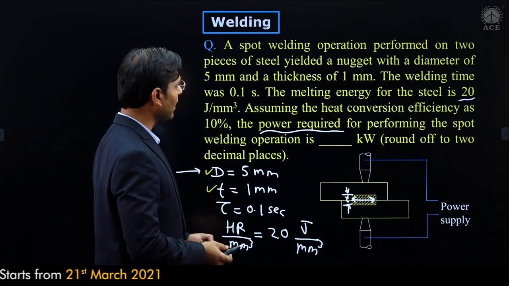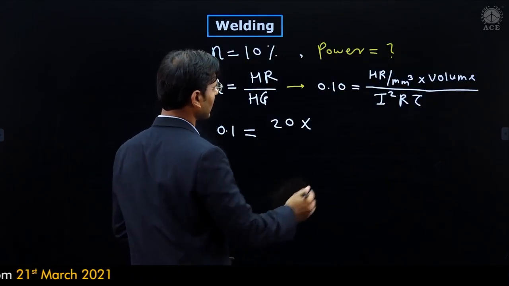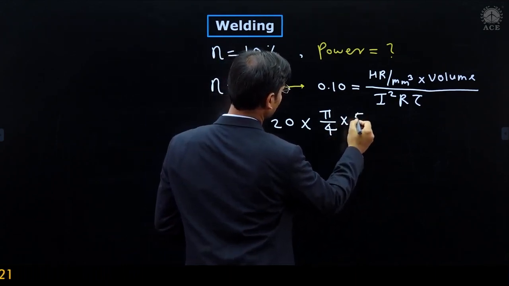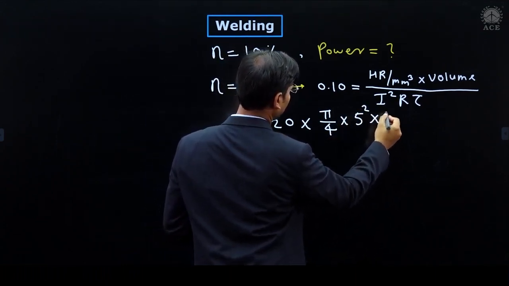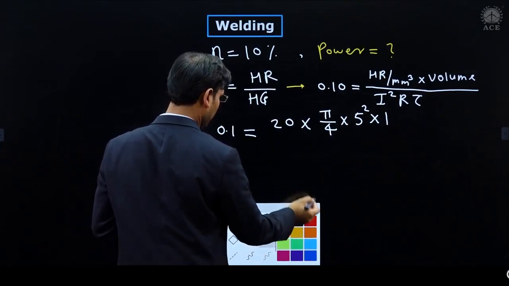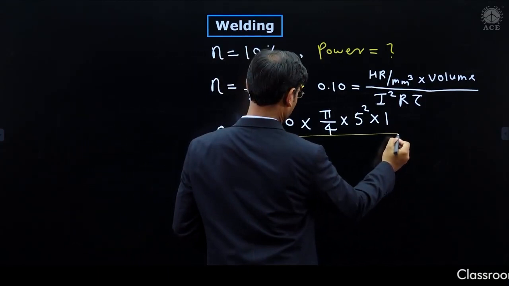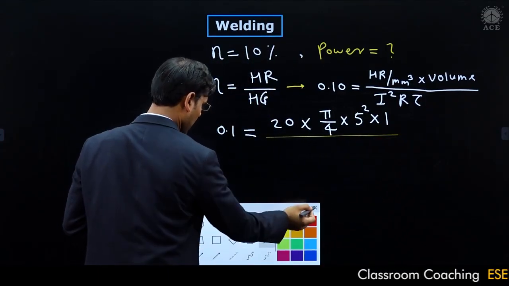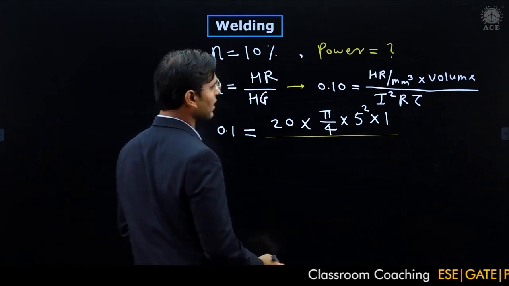Then its volume we have to calculate. Then I am writing its volume is pi by 4 d square into height, which is 1, divided by I square R tau. But what is that I square R?